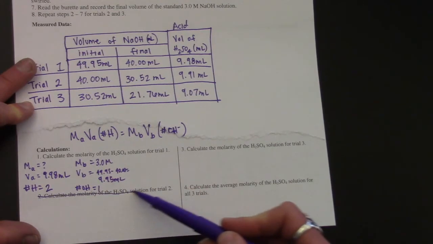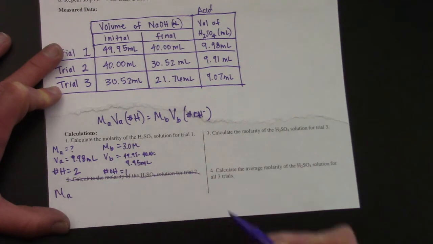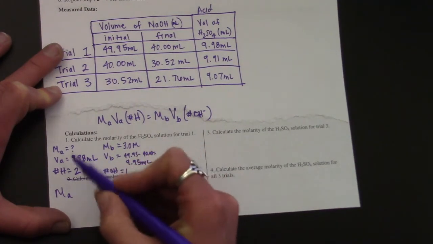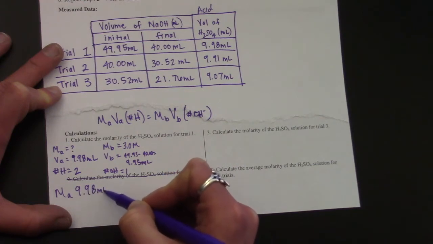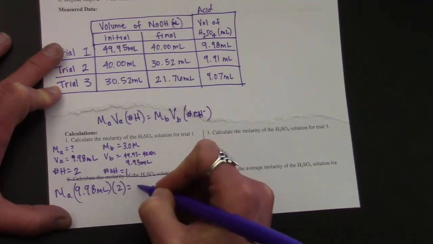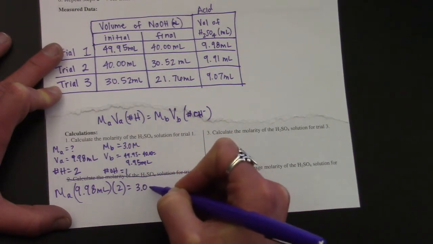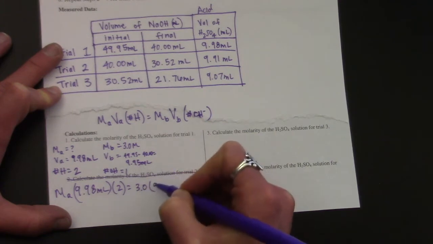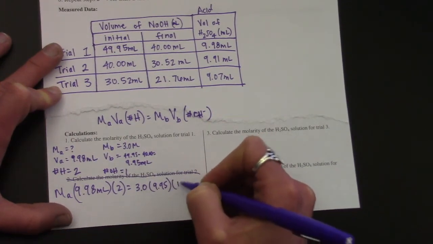So I'm going to use this space down here. I'm going to say MA, leave that as a variable, times volume of the acid, 9.98 mils, times the number of hydrogens, equals concentration of my base, so 3.0, times volume of my base, 9.95, times the number of hydroxides, 1.